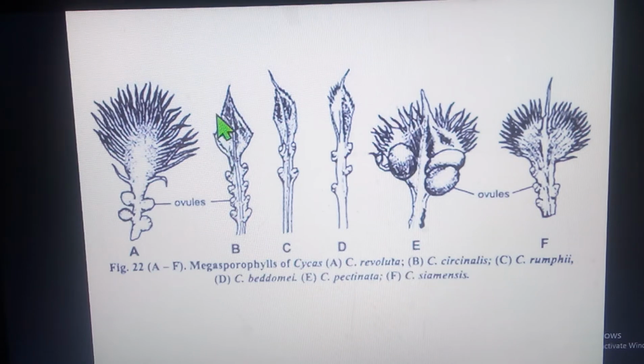That means there is the presence of only the short spines, which represent the reduced pinnae. That means the pinnae here is very much reduced, whereas in others we can see clearly these pinnate leaf. Now the Megasporophylls.